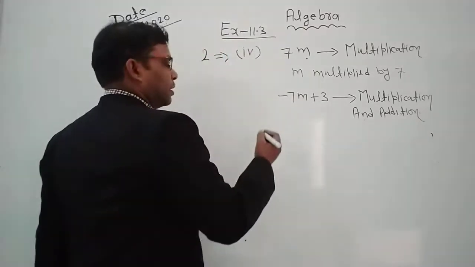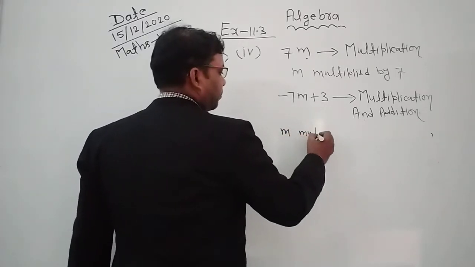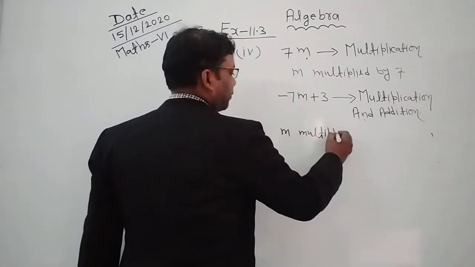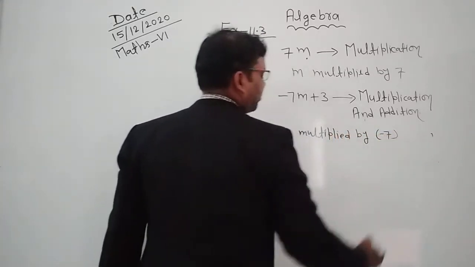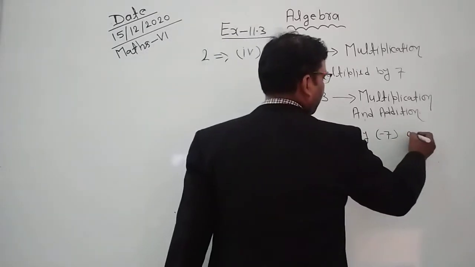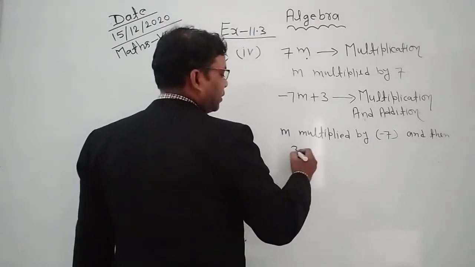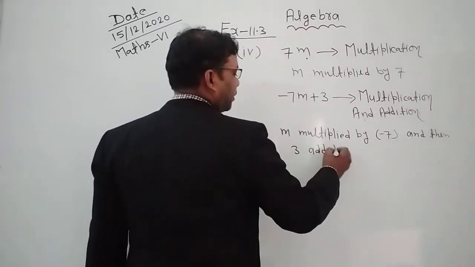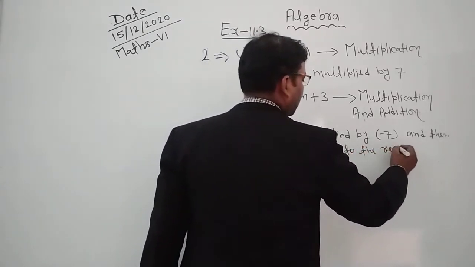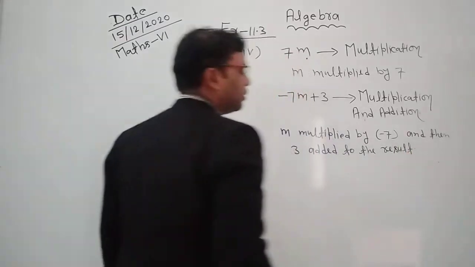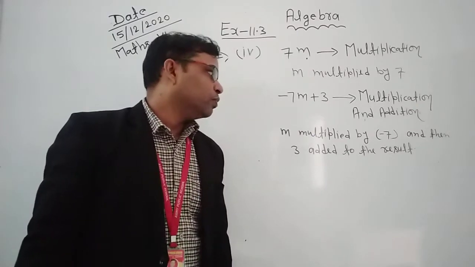So write m multiplied by minus 7, and then 3 added to the result.